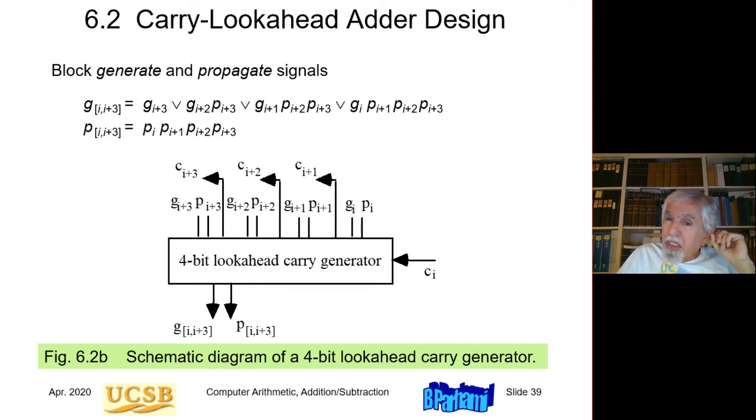Or position i plus 2 generates a carry and position i plus 3 propagates it, and so on. Very similar to the unrolled carry expressions. So if I build the circuit and many copies of it, I can use these copies to build an adder in the way that I'll show you.